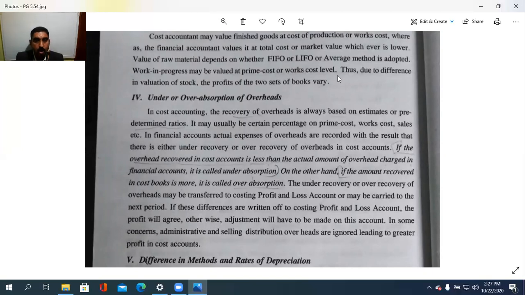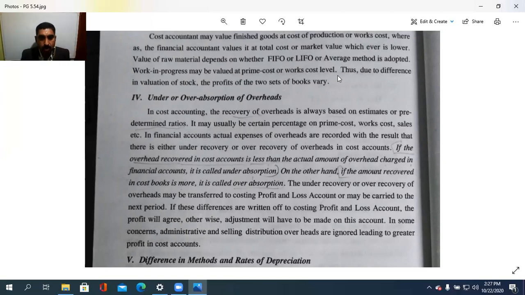Clear? So overhead recorded in the cost accounts is less than the actual amount of the overheads charged or incurred in the financial accounts, it is called under absorption, and vice versa. Means if the cost books are more than the financial books regarding the absorption of the stock, then what is that? It is the over absorption.